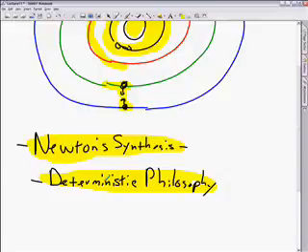We know that if we know the initial conditions of an object, we know what will happen to it at any point later on. So if I throw a ball, if I know what angle I threw it at and what velocity it was going, I can tell you where it's going to be later on. Okay? Or if I knew its position at some point in its flight, I could tell you where it originated from. Okay?